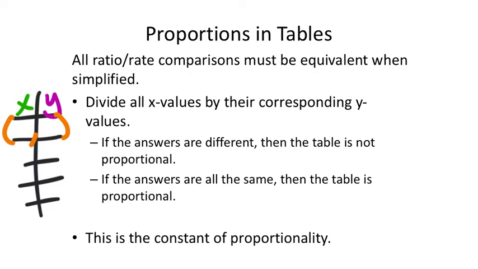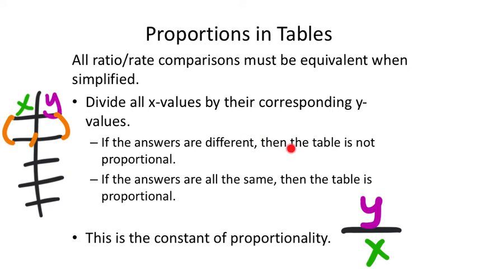Right here it says divide all the x values by the y values. Remember, though, because we are looking for the constant of proportionality, you need to take the y values and divide them by their corresponding x values, whatever they are. If all the answers are the same, whether you use decimals or fractions doesn't matter, then we know that the table represents a proportional situation.